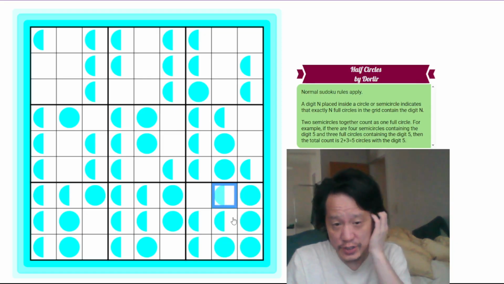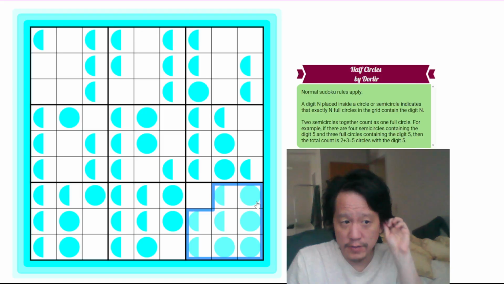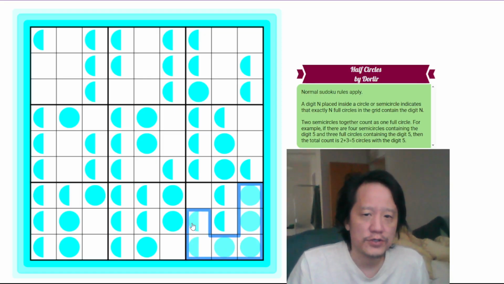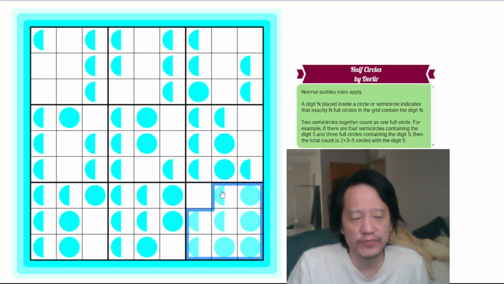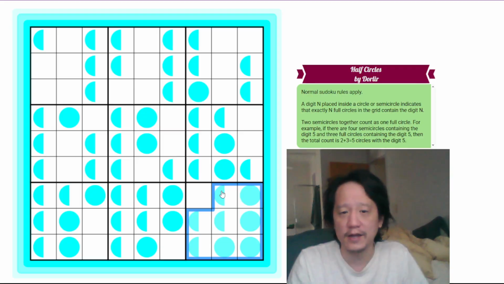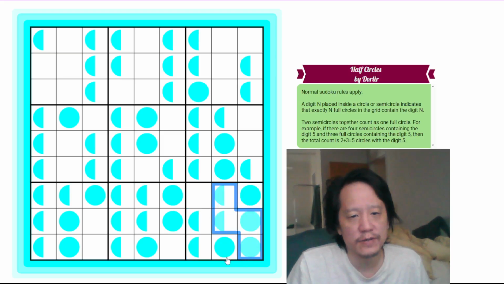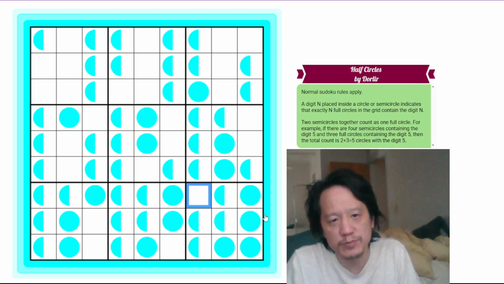So every digit but 1 digit must be in a half circle, in a semicircle or full circle. That means the digits 1 through 8 have to be in the semicircles or the circles. Therefore, all the empty spaces must be 9.